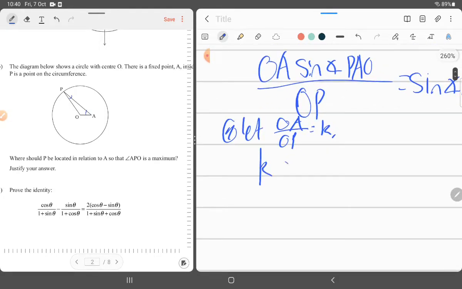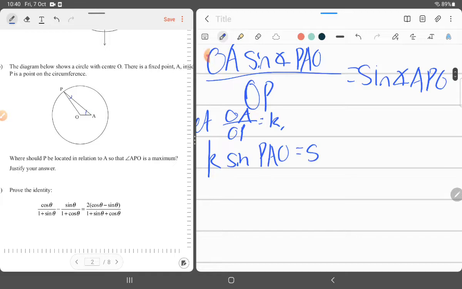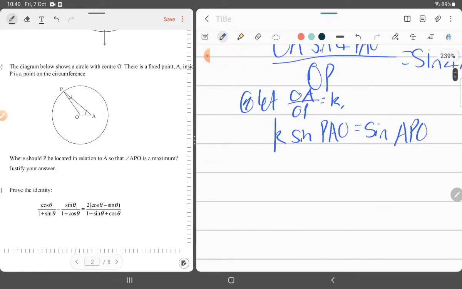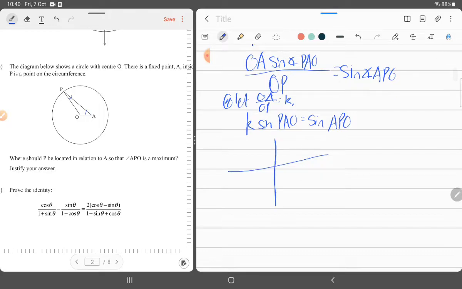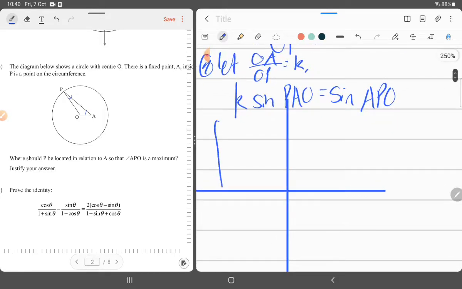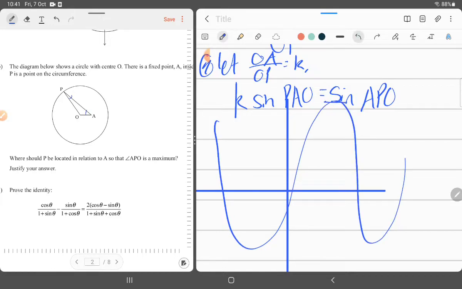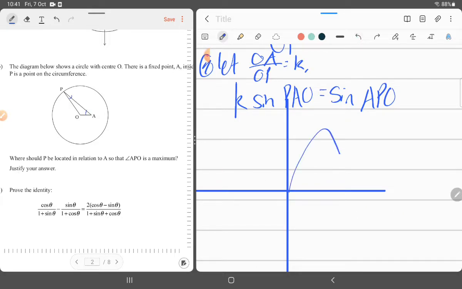So K sine PAO is equal to sine APO. For a sine graph, it always just continues to keep on going like this, where here is 1, which is the maximum point, and here is -1.